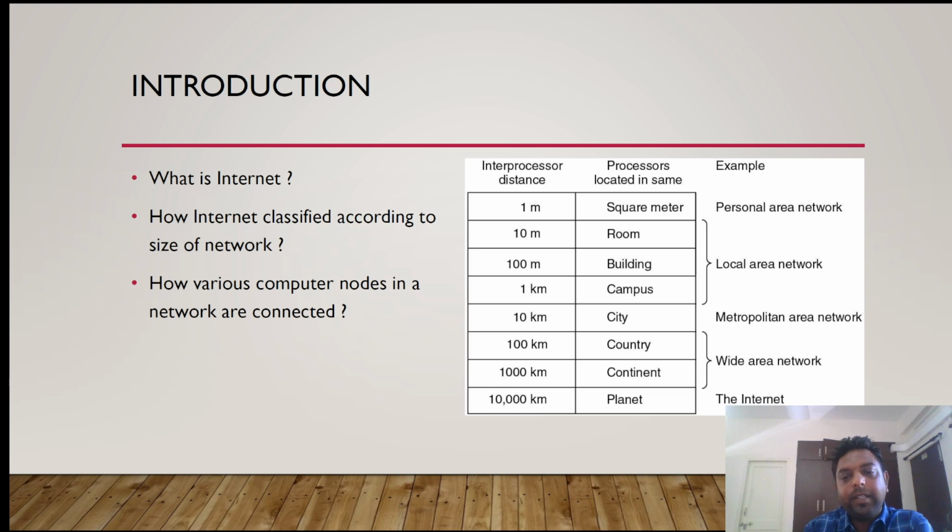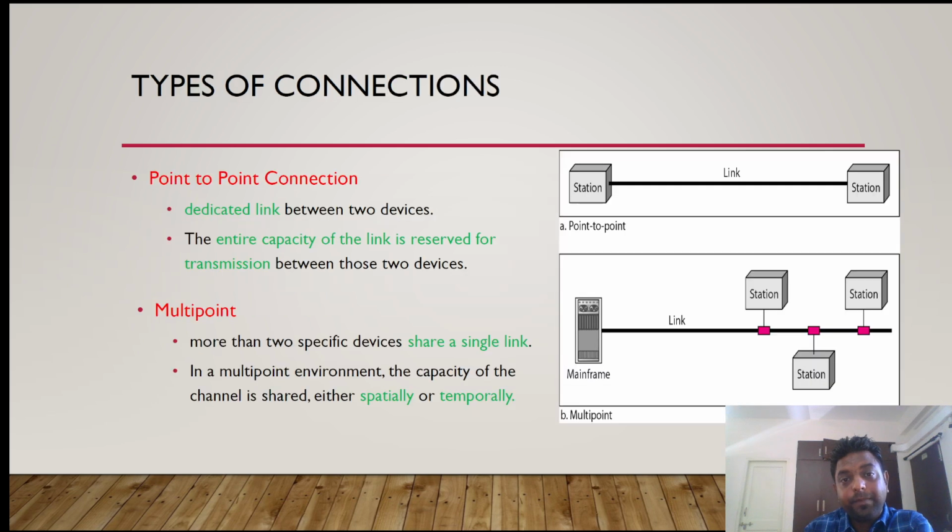If the range of networks varies from 100 kilometers to 1000 kilometers across a continent or a country, we call it WAN. And finally, when all the different parts of networks form the main network across the earth, it is known as the internet. Two or more computer nodes are connected either through a point-to-point connection, that is, a dedicated link, or through a shared link, which is known as multi-point.